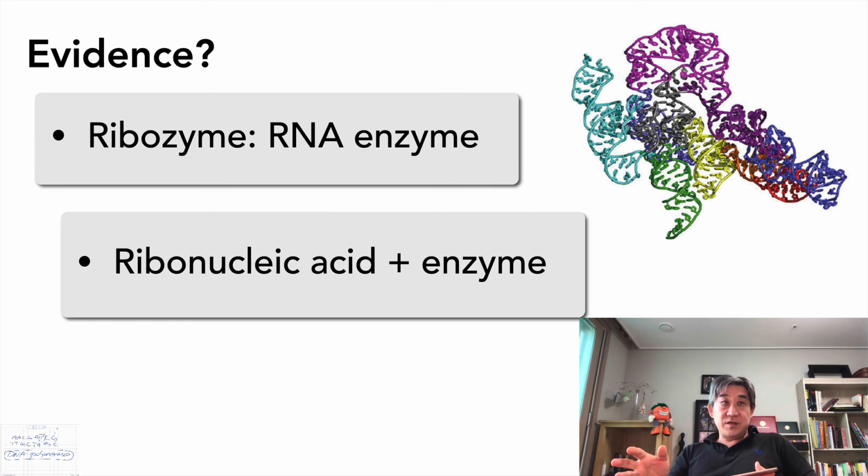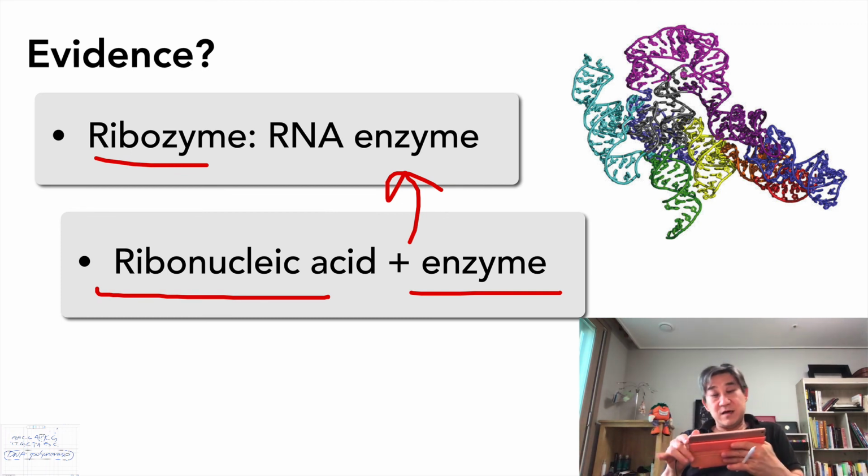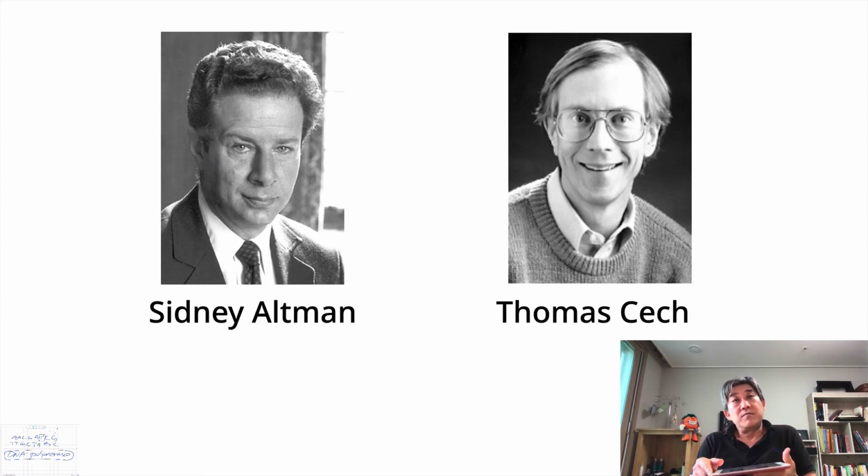And what's the evidence? The existence of ribozyme. The term ribozyme is coined from ribonucleic acid plus enzyme. So, RNA-like enzyme. Ribonucleic acid is the full name of RNA, plus enzyme, which means some RNA that can function as an enzyme is a ribozyme. The existence of ribozymes was first discovered independently by two different renowned scientists.